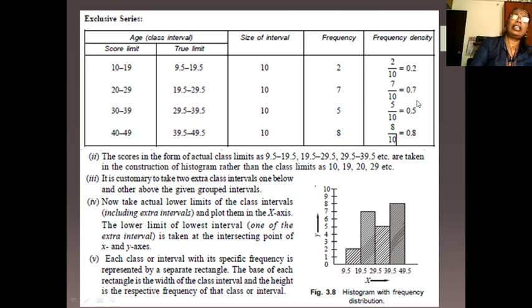This point is not in our syllabus, but you should know that this is the frequency density, and it is calculated by frequency divided by size of interval.